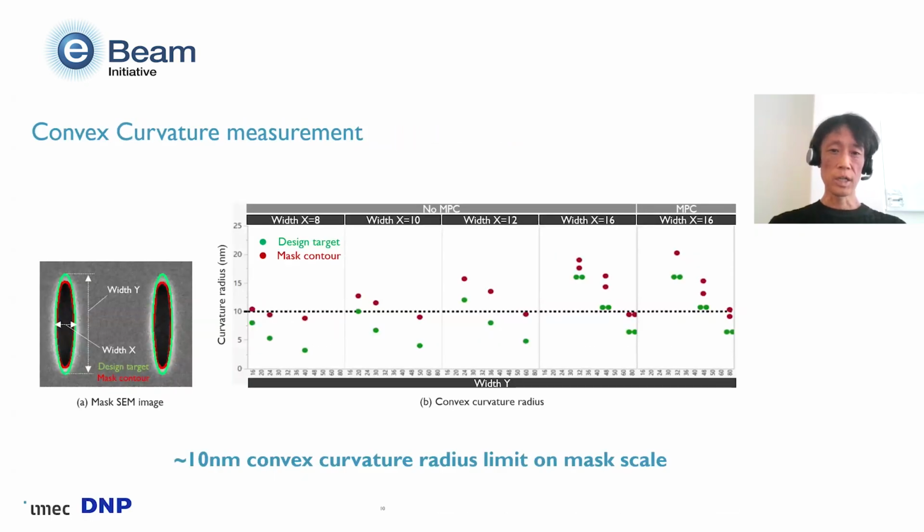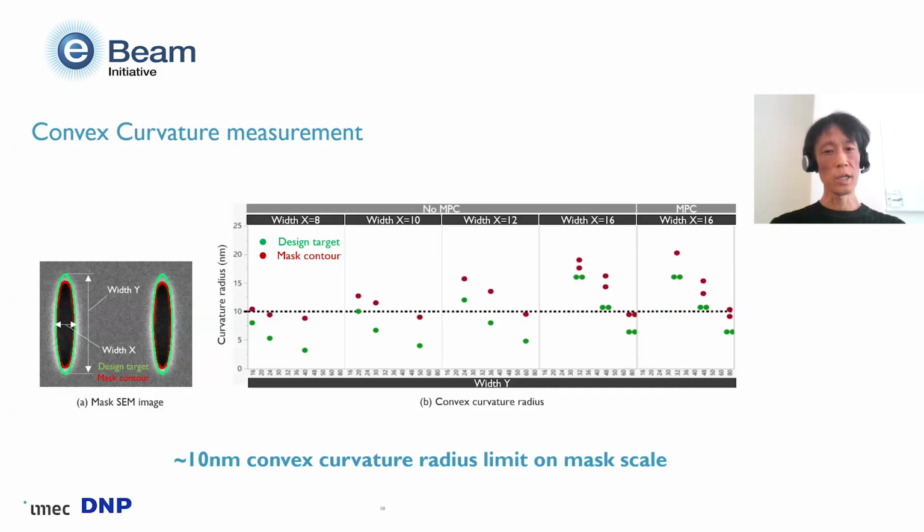So then, to determine the manufacturable curvature limits, dedicated test structures were fabricated and analyzed. The structures consist of oval-shaped patterns with varying curvature radius. Comparing the design targets with the mask SEM measurements revealed that the curvature fidelity begins to degrade when the radius becomes smaller than approximately 10 nanometers.